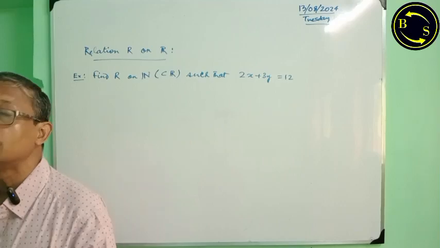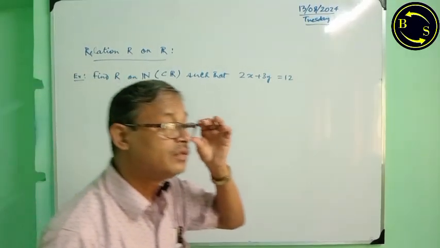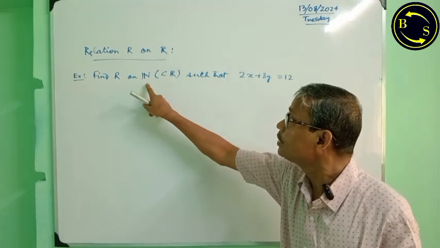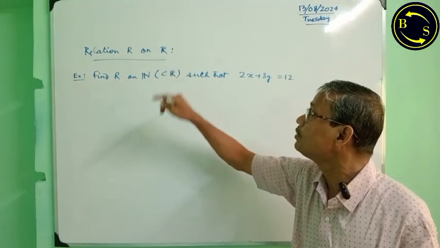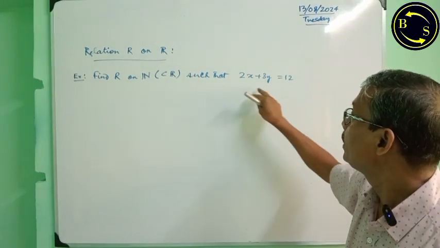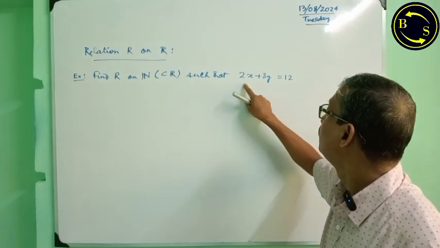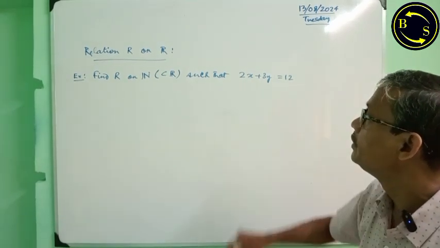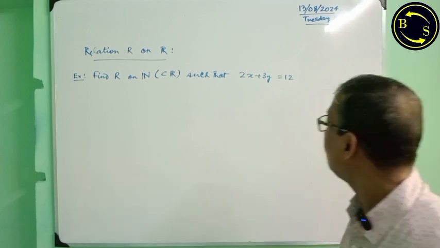We are considering a relation on the set of reals. Since the set of naturals is a subset of the set of reals, we are taking here the condition 2x plus 3y is equal to 12. Now we have to find the relation R.